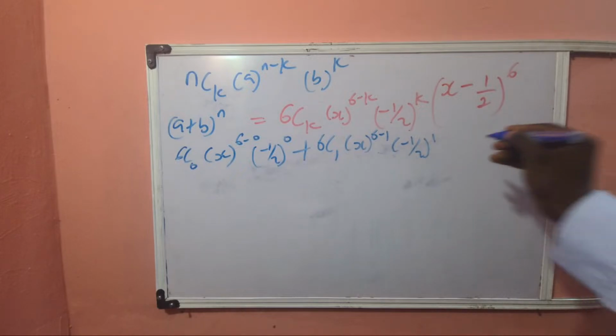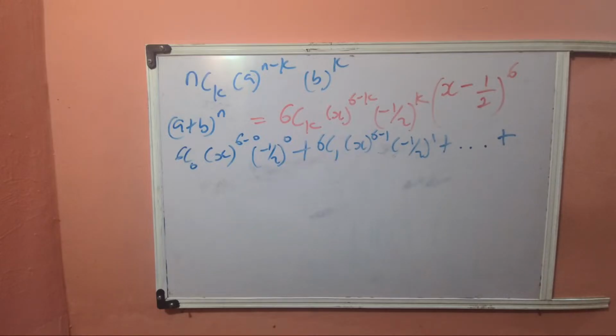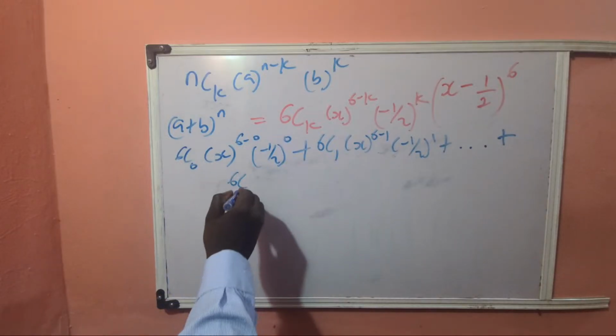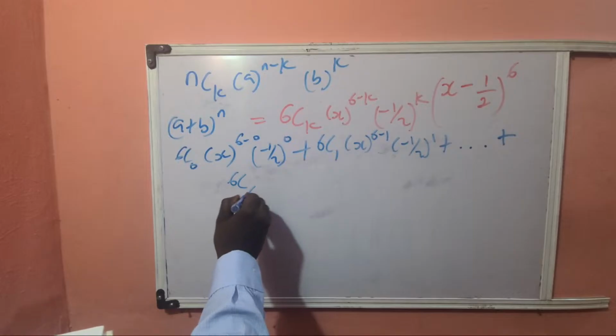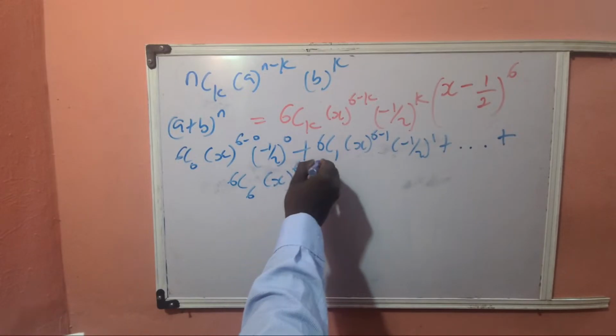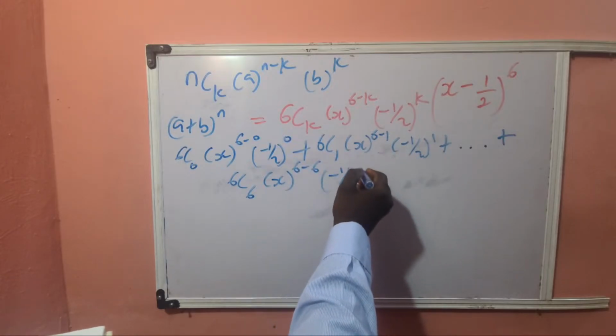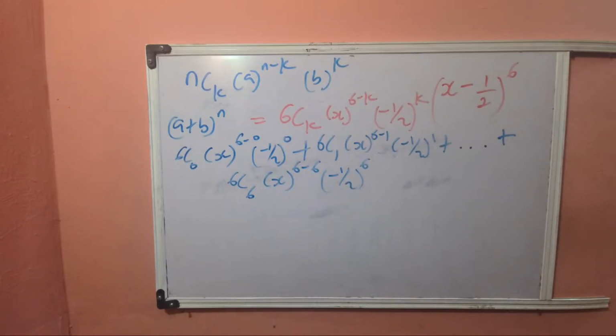I'm just going to show you the pattern, plus on and on and on, plus the final one will be 6 combination 6, then x raised to the power of 6 minus 6, then minus 1 over 2 raised to the power of 6. All right? So this is what we have for our binomial expansion.